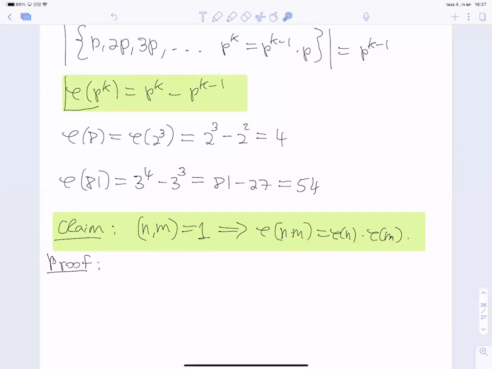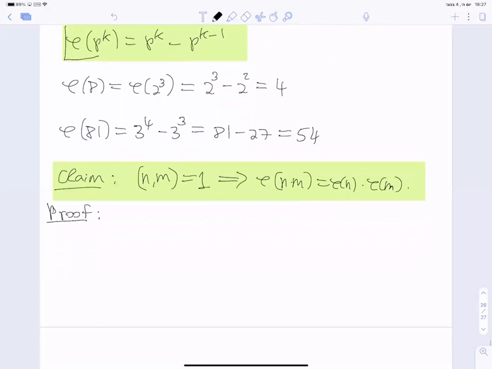If you have a very general number, you first take its decomposition into primes. You take the distinct ones, and then to each prime you apply this formula. Okay, but why is it true?